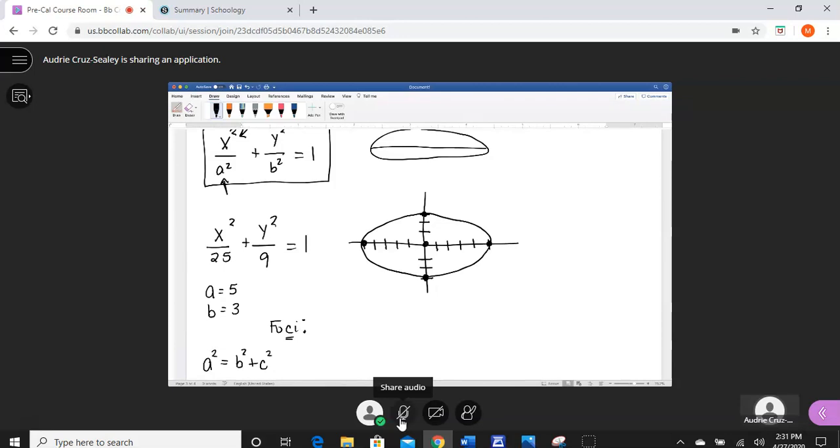So we know A squared is 25, we know B squared is 9, but we don't know C squared. So C squared is equal to 16, and therefore C is plus or minus 4.